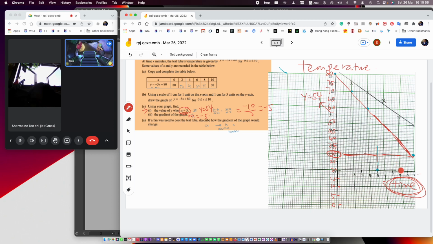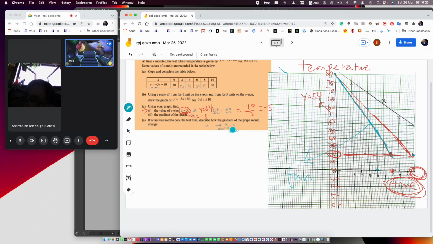Instead of 10 minutes to reach 30, now I think it's 7 minutes already reach the 30. You start from 80, and in 7 minutes reach the 30. So you are going to have the new curve. This new curve in blue is with the fan.